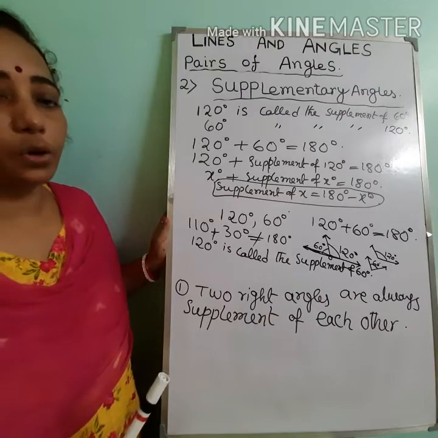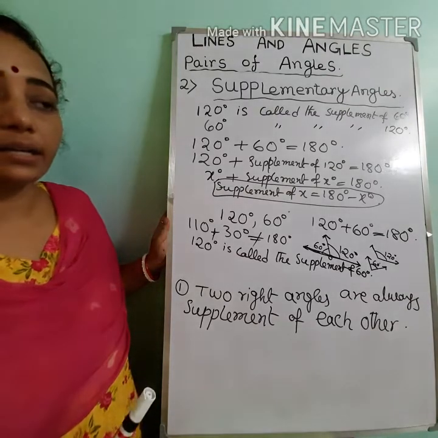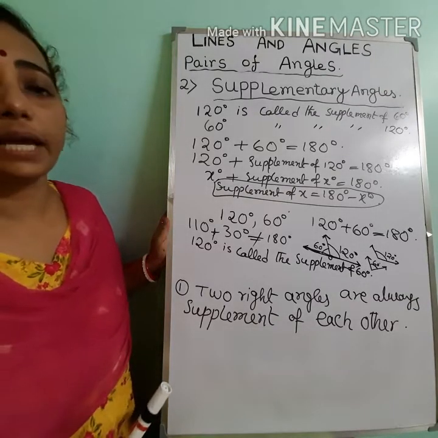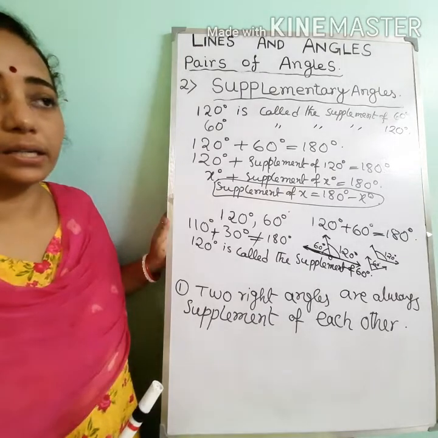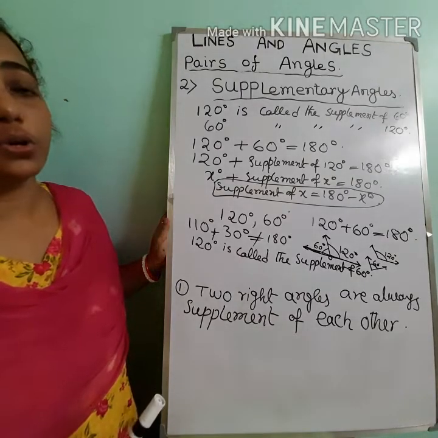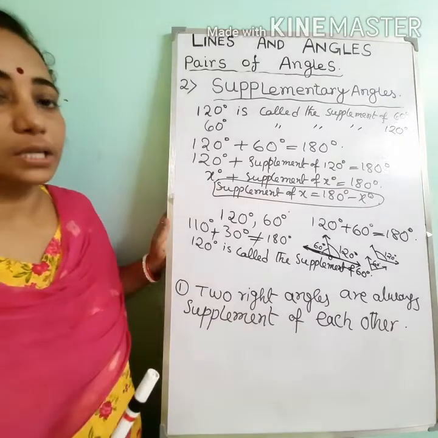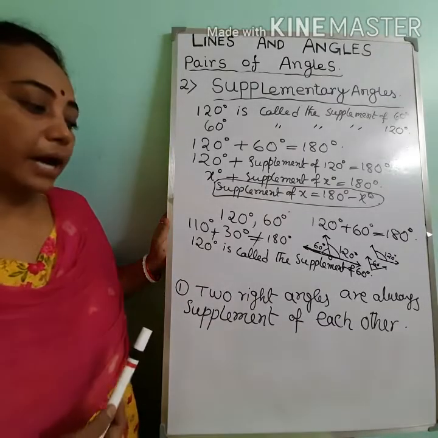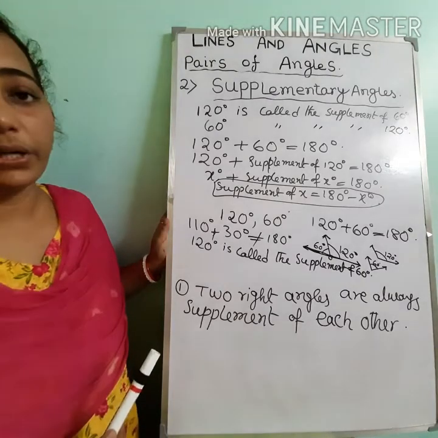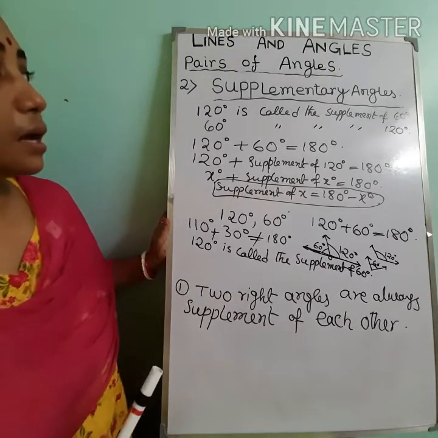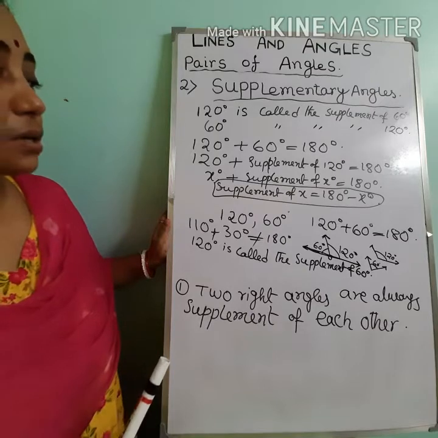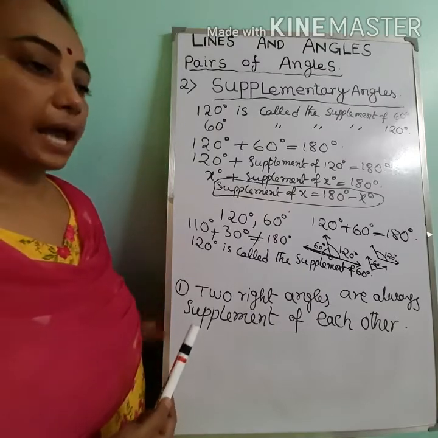We know the measure of an obtuse angle is greater than 90 degree. So the sum of two obtuse angles is always greater than 180 degree. So in this case also the two obtuse angles cannot be supplement of each other. So only two right angles are always supplement of each other. These are the main important properties of supplementary angles.